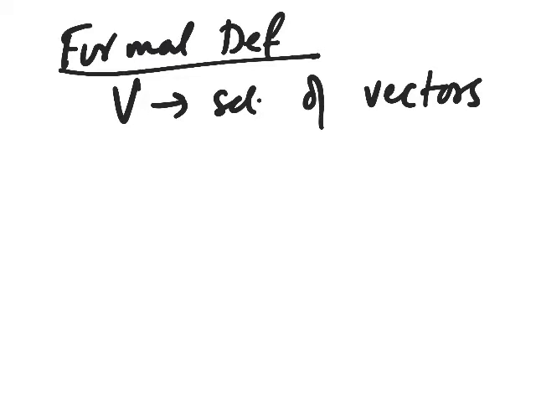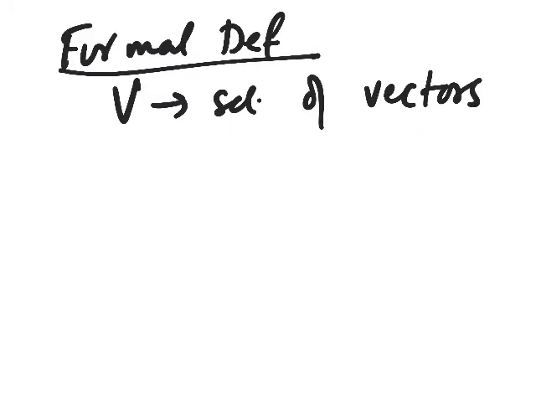Don't think of a column vector as of now, because from the 3 examples that we saw, in the first case a vector was a polynomial, second case a vector was a matrix, and third case a vector was a continuous function. So vector is a general object, fine? Don't associate any structure to it right now. So what I start with is a set V, and I call the elements of this set V vectors.